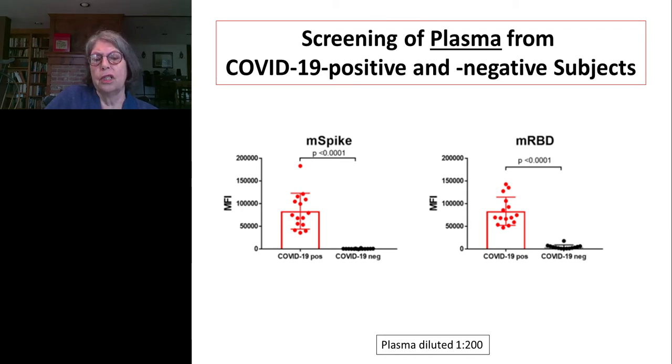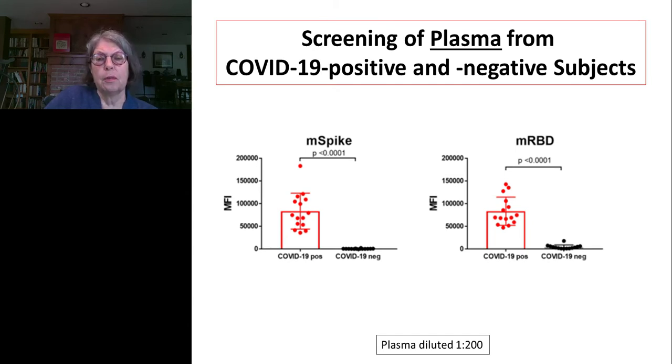And on the right, you see the results using the RBD, also expressed in mammalian cells. These data were generated with the plasma that were diluted 1 to 200. And as you can see here in red in both graphs, the COVID-19 positive patients score strongly, and the COVID negative patients have only background reactivity.